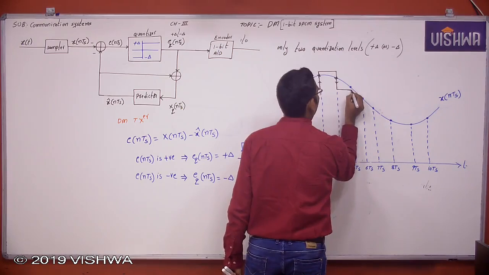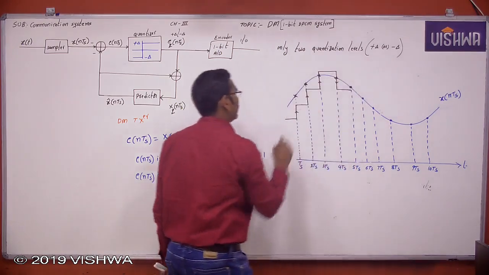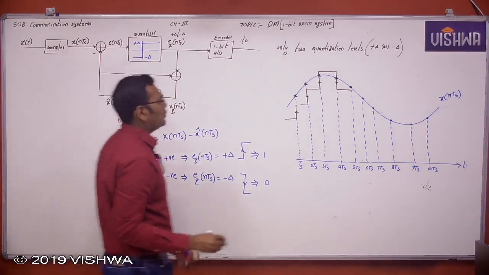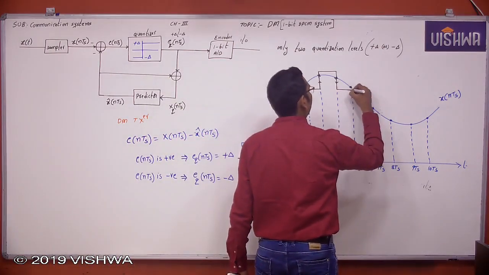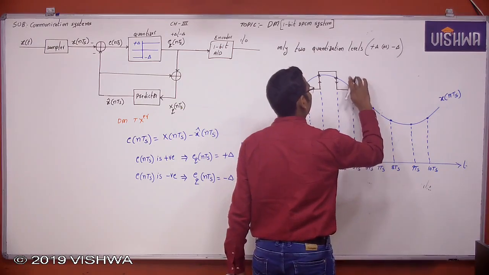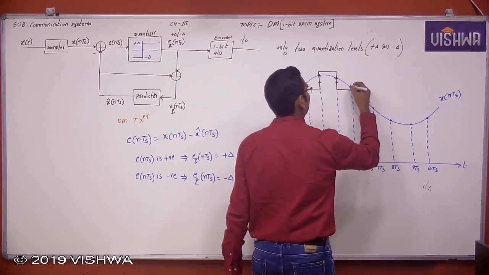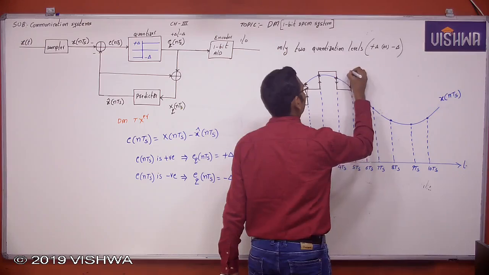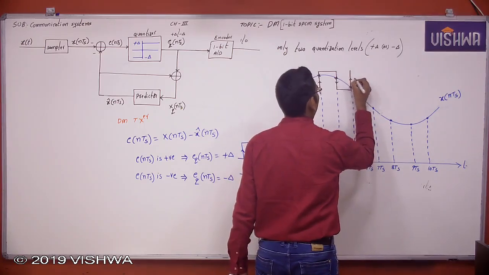Now again at this interval, this is positive, it is incremented by delta.